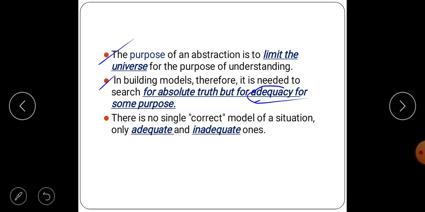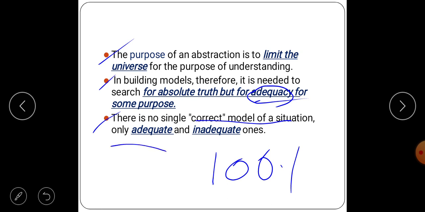That is the meaning of adequate. There is no single correct model of a situation. Means in any situation you are not going to get a 100% correct model. Only adequate, meaning acceptable quality or not acceptable. We are not going to get one single, 100% correct model.